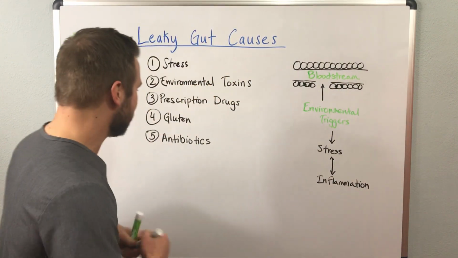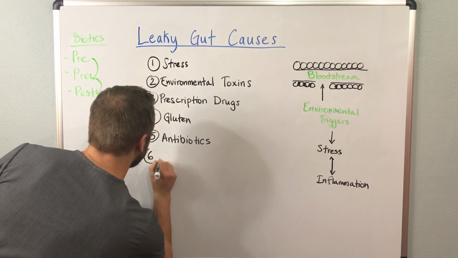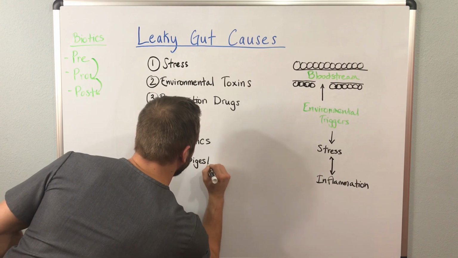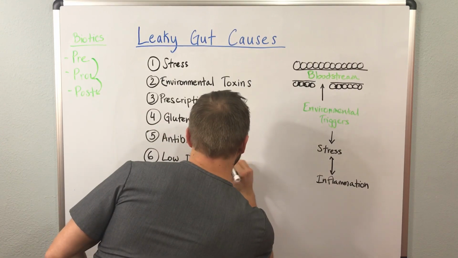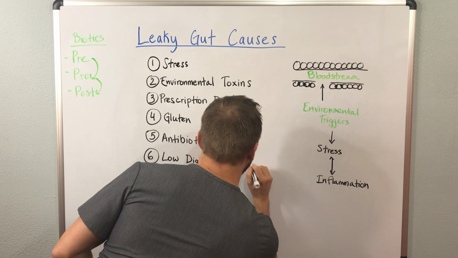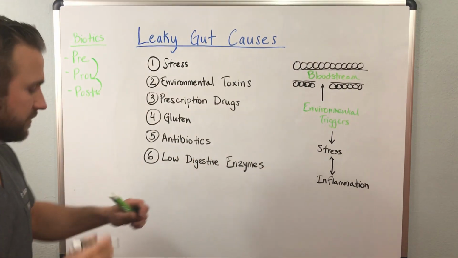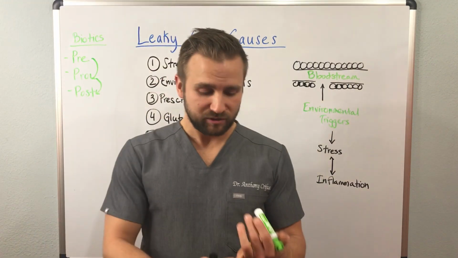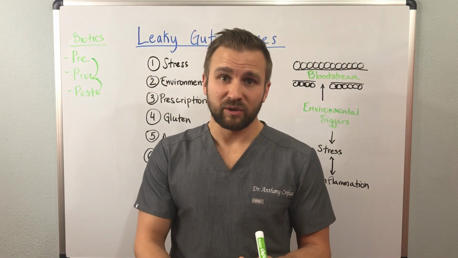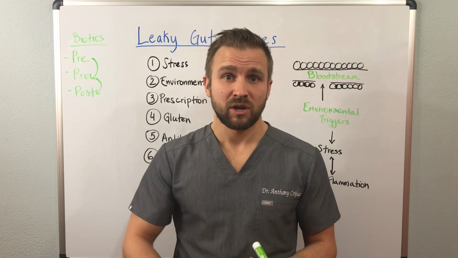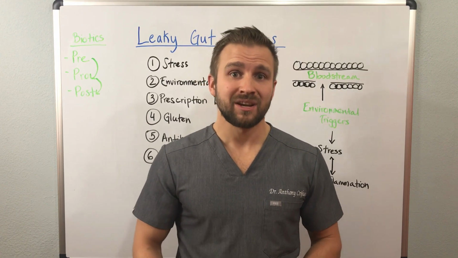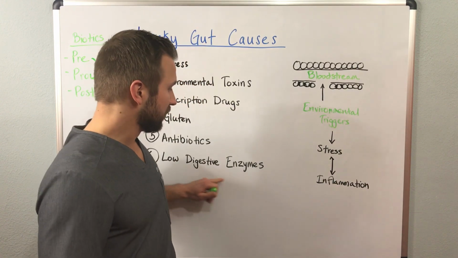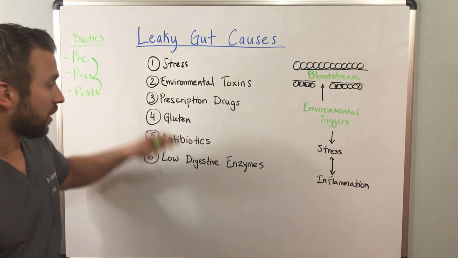And then lastly, low digestive enzymes. Your stomach produces enzymes, your gallbladder produces specific acids and enzymes, and your pancreas also helps produce some specific enzymes, nutrients, buffers, etc. Really important. How can this cause a leaky gut?